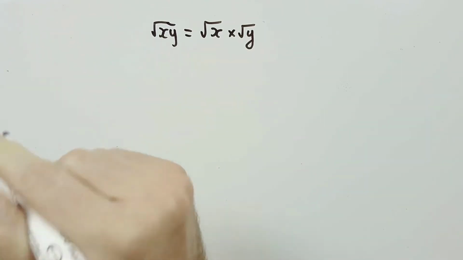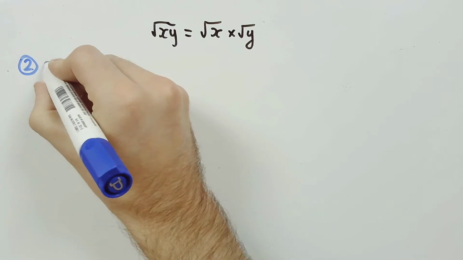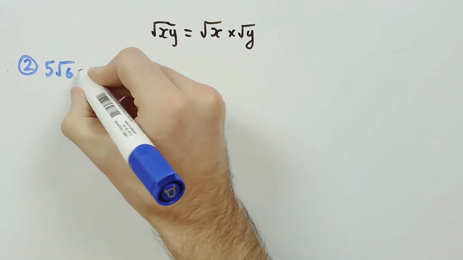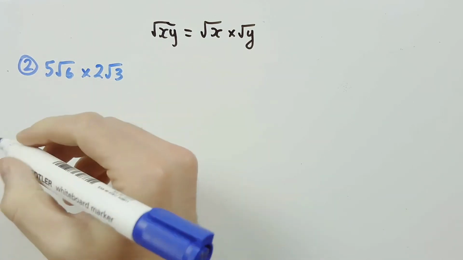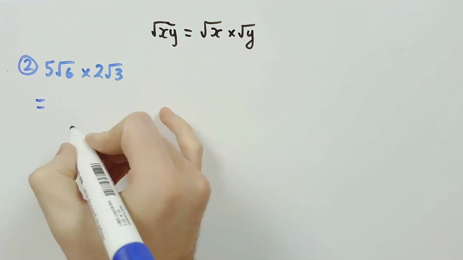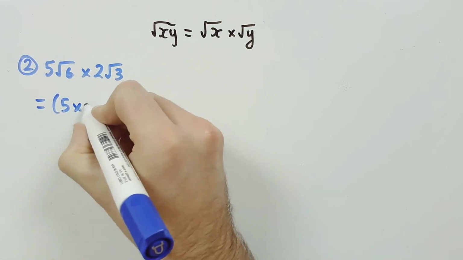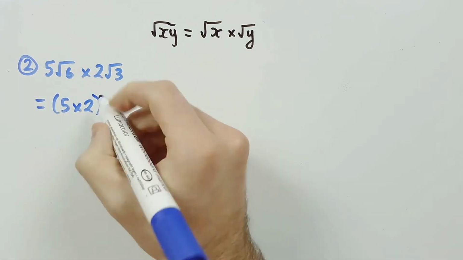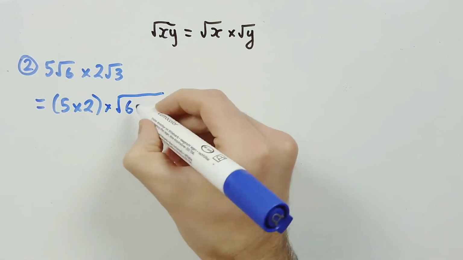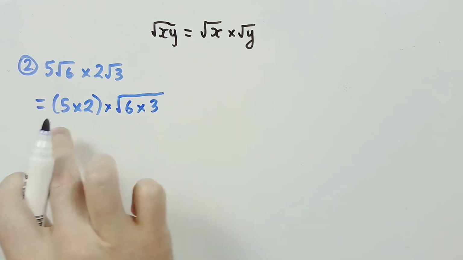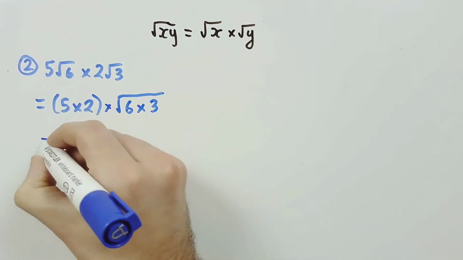All right, next one we're going to have a look at is question 2, and that's going to be 5 root 6 times 2 root 3. In this case, we want to keep everything outside the surds still outside, and pull everything under the surd under a single surd. So here we end up with 5 times 2 outside the surd, which gives us 10.